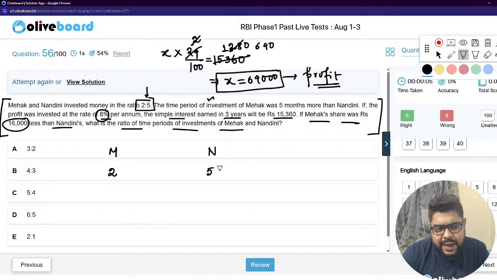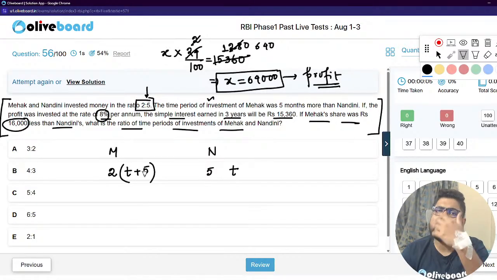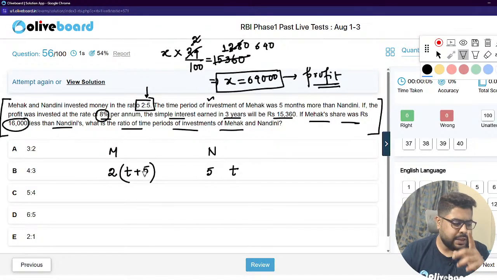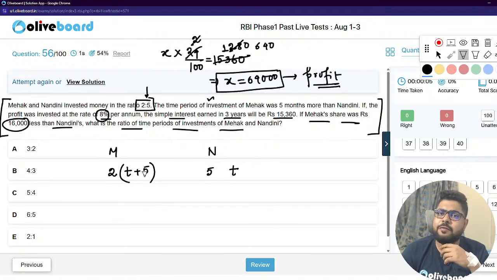So let's take Nandini was invested for T months. So Mehak was invested for T plus 5 months.